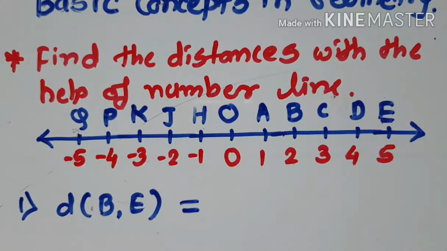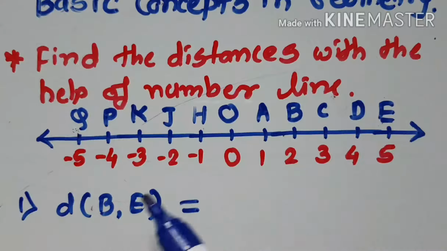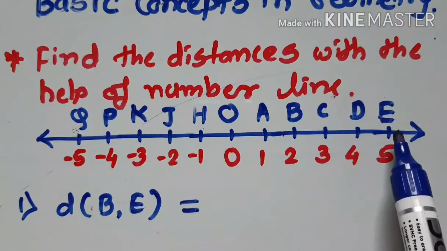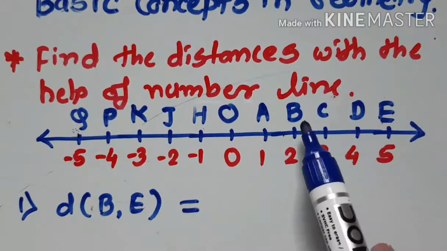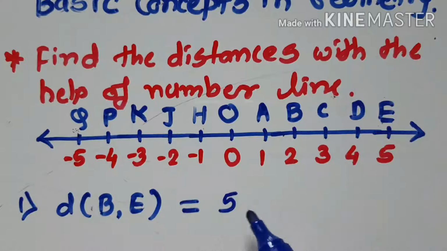Here we have to find the distance between points B and E. Here the coordinate of point E is 5 and the coordinate of point B is 2. To find the distance between point E and B, we have to subtract the smaller coordinate 2 from 5, that is 5 minus 2.